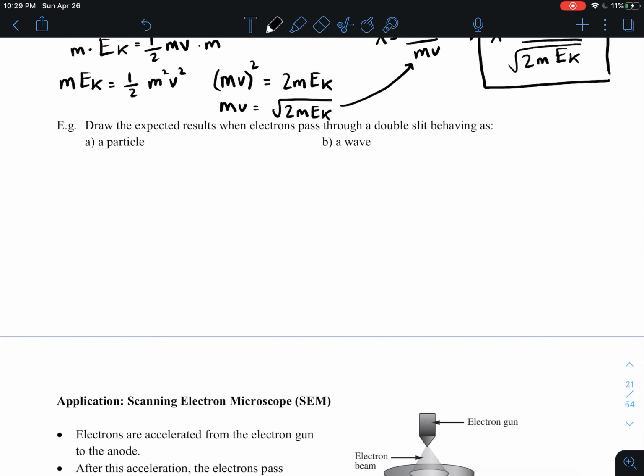So this is where the video comes into play about the double slit behavior of particles versus waves. If you imagine, when we talk about our double slit, we're talking about the scenario where we have a small opening, something like this.